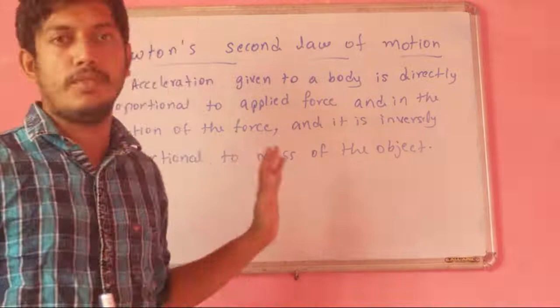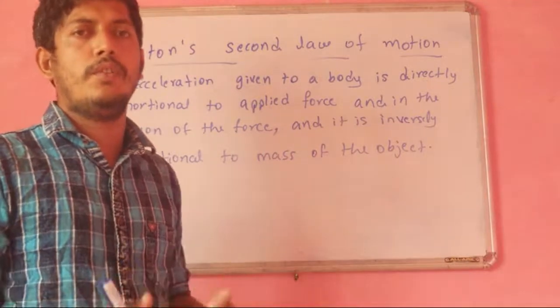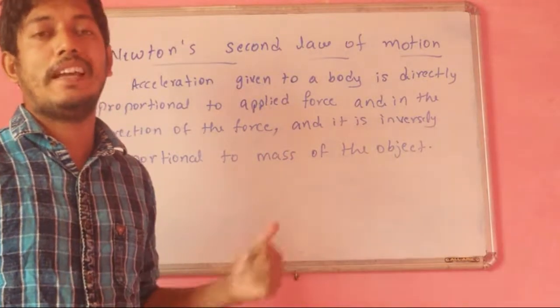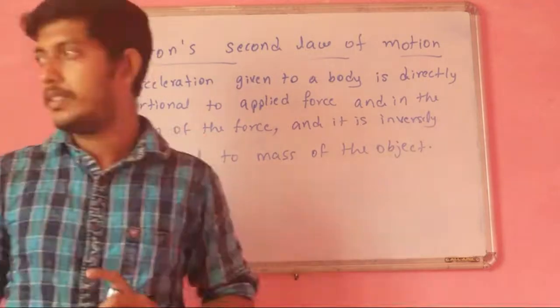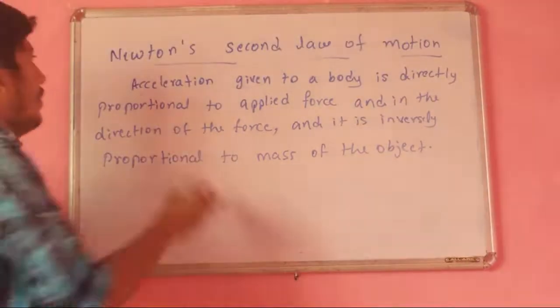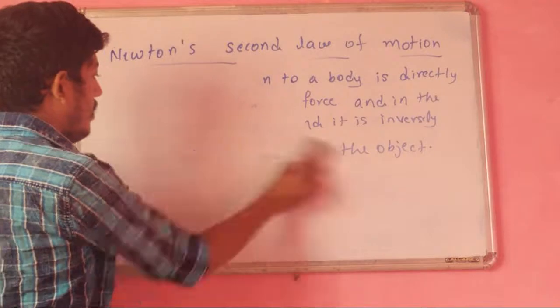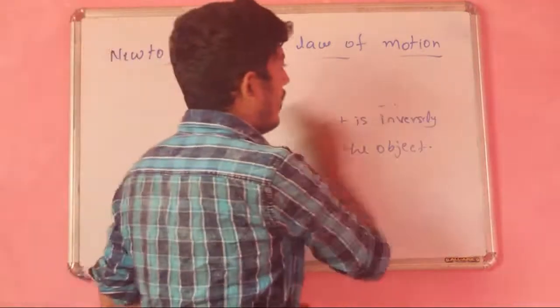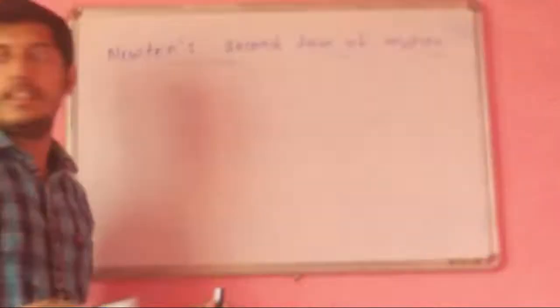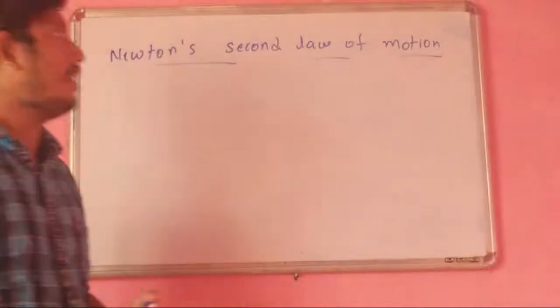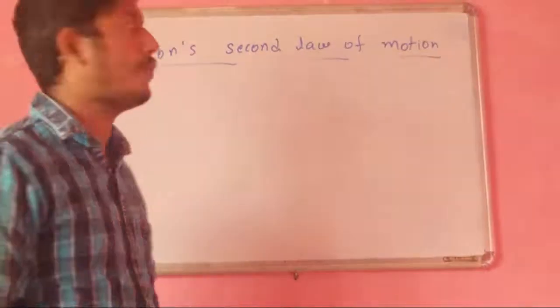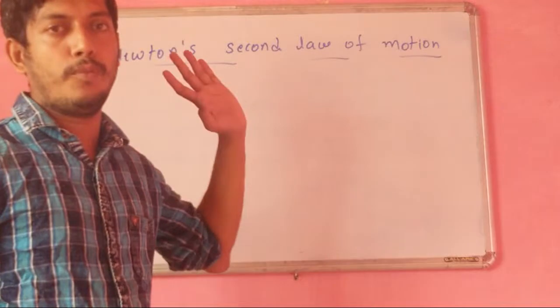This is the meaning of the statement. So now we have to frame the mathematical expression using these two statements. I will write the given statement in two parts and form the mathematical expression for Newton's second law of motion.